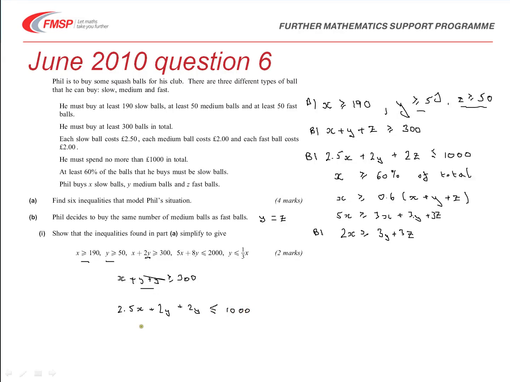If we double everything in that one, that gives us the 5x, and then the 2y and the 2y becomes 4y, doubled becomes 8y, and that is less than or equal to 2000. We're timesing that by 2.